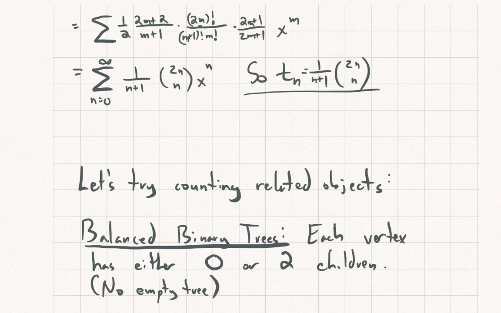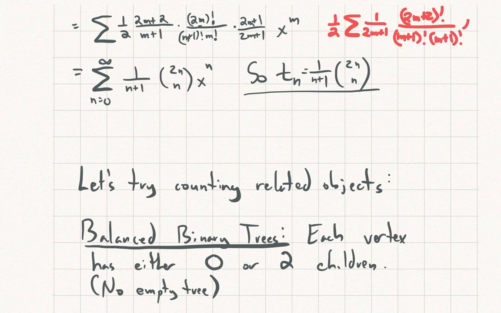In fact, maybe I'll write that down to say where everything came from. So we had a half, and then we had our sum, and then we had 1 over 2m+1. And then I'll write this in terms of factorials: (2m+2)!, (m+1)!, (m+1)!, x to the m.